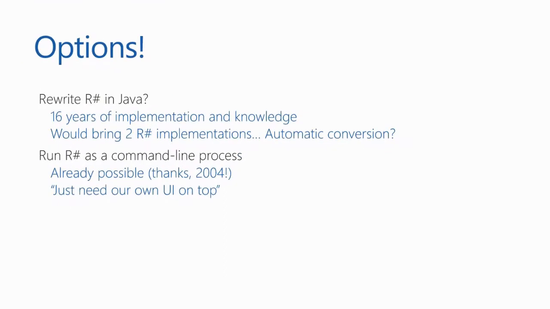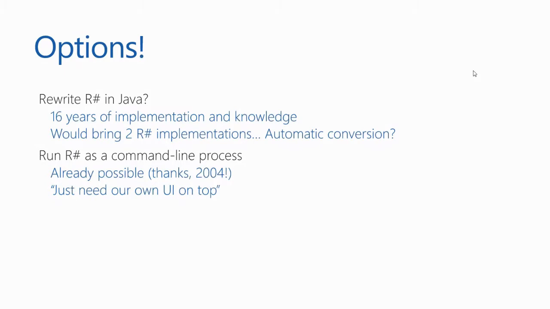We would have one in .NET and one in Java. That's probably also not ideal. An automatic conversion could be some option as well, where we would convert some of the C# code into Java at some point, but we decided maybe that's not a good idea.